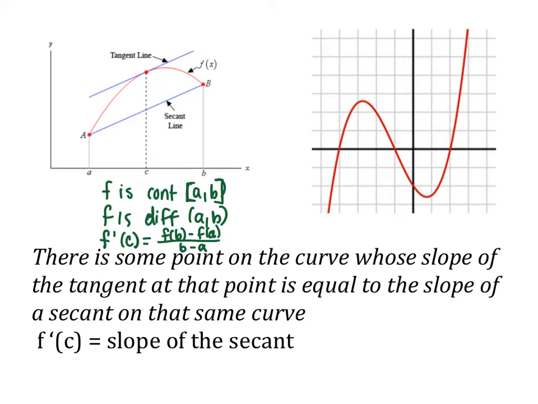Okay, so I can look at another example here, and I am just going to pick random spots where my y values are not equal to each other. So I'm going to pick a spot here, and I'm going to call this some a. And I'm going to pick a spot right here, and I'm going to call that some b. And again, if I create this secant line in between, there has to be at least one place in between a and b, this being my a, this my b, where the slope of the tangent line is equal to the slope of that secant.